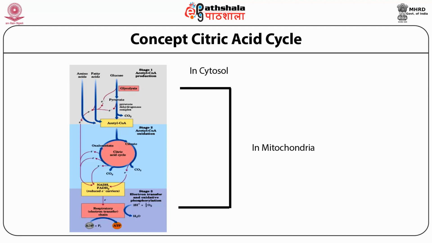In eukaryotic cells, the citric acid cycle occurs in the matrix of the mitochondrion.